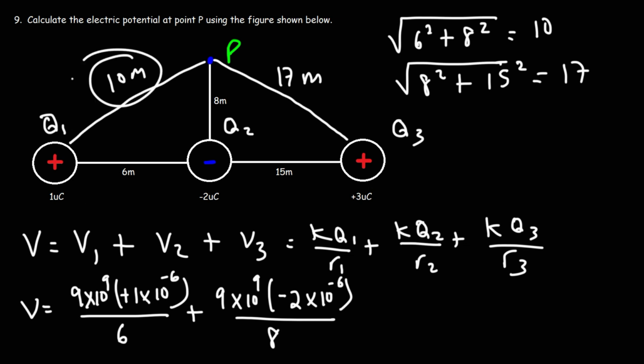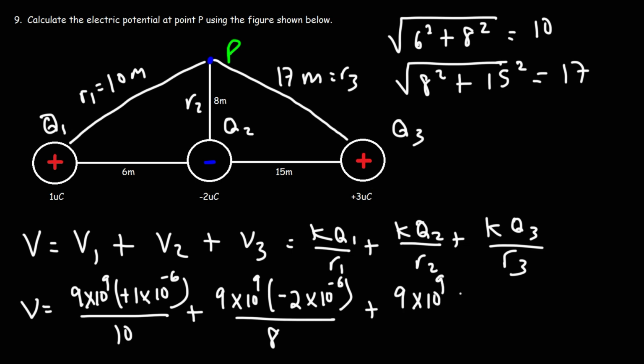Correction, R1 should be 10, not 6. I don't know why I put 6 here. But let's fix that. So this is R1, this is R2, and R3 is 17. Now for V3, it's going to be K times Q3. Q3 is 3 microcoulombs. It's positive. And then R3 is 17.